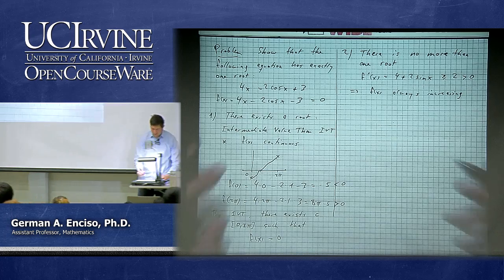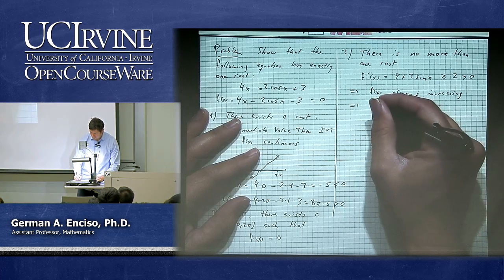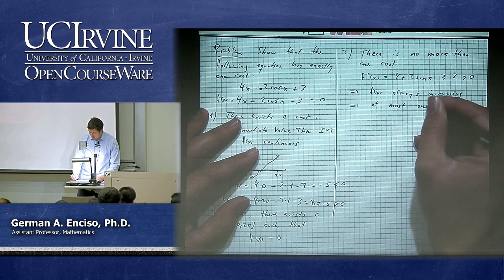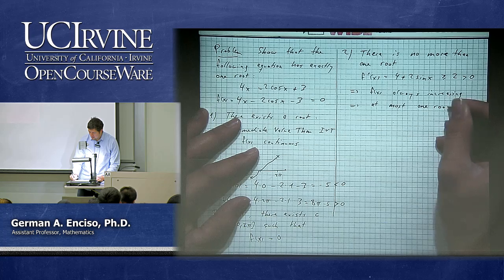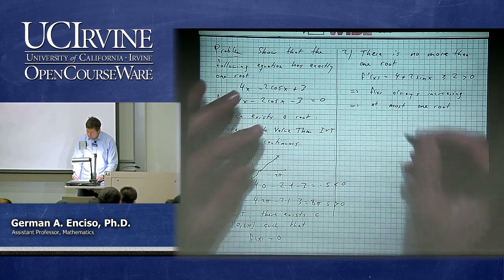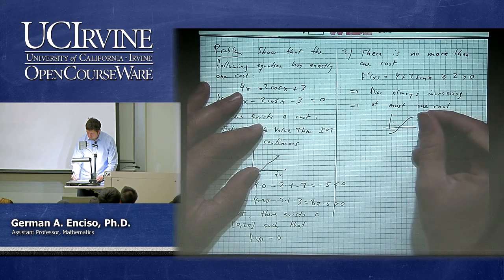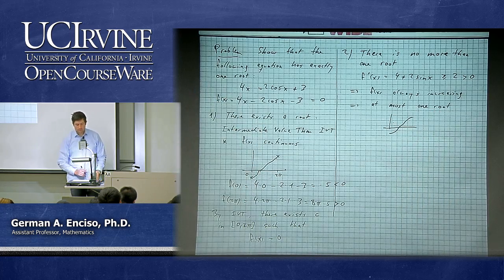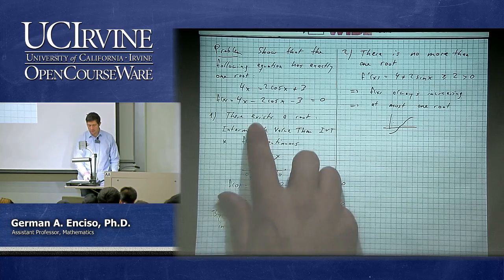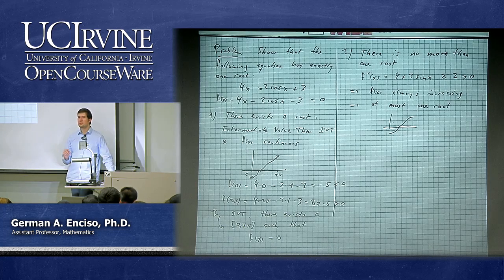So the fact that the function is always increasing means that at most it can cross the x-axis at most at what point? Okay? That's it. So you put the two things together, there exists a root and there's no more than one root, and the problem is solved. There exists a unique root.